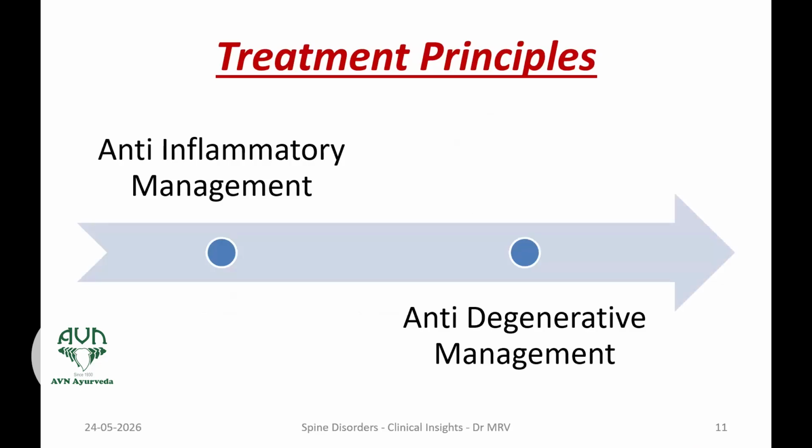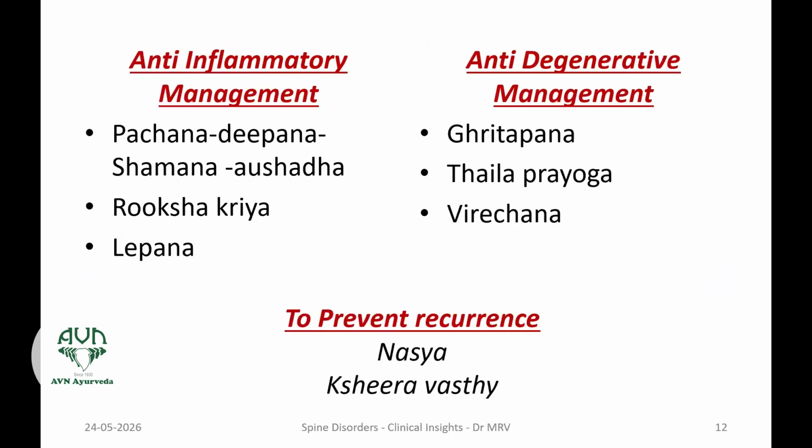But in anti-degenerative treatment, we have to strengthen the muscles, correct the degeneration, and correct the position of the disc and the vertebra. By these various methods, anti-degenerative treatment works. Let us see which are the anti-inflammatory treatments.